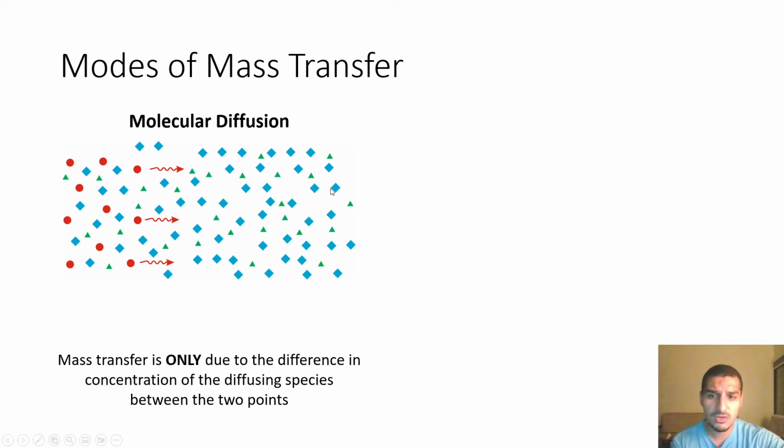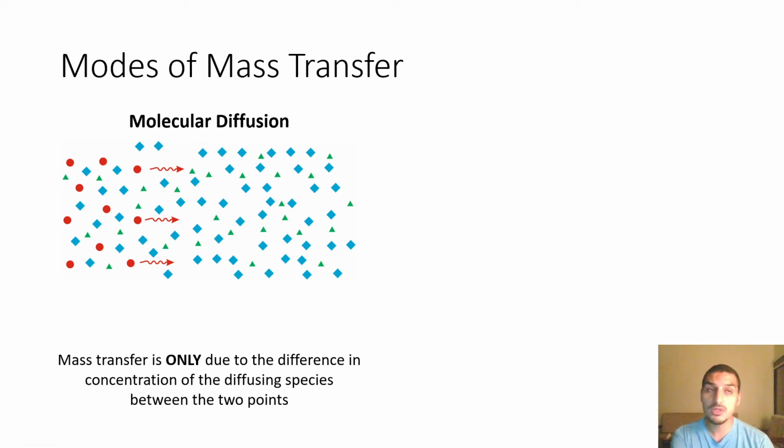The blue and green are distributed in the whole area in a homogeneous way, so there is no driving force that we can consider for these two components. But for the red component, there are many molecules here, a high concentration in this part, and no molecules of this component here. So what will happen is the diffusion of these components from one point to another, and this is what we mentioned about the driving force.